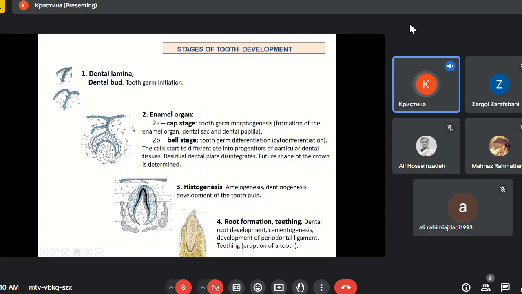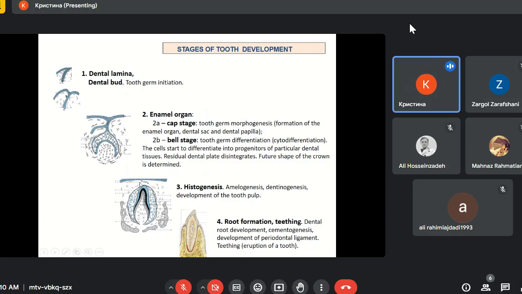Next, the enamel organ, cap stage, during which tooth germ morphogenesis happens, and bell stage, or cytodifferentiation, when the cells of the enamel organ become those cells which will next produce the tissues of the tooth. And these cells are called ameloblasts and dentinoblasts. Ameloblasts will produce enamel, and dentinoblasts will produce dentin.